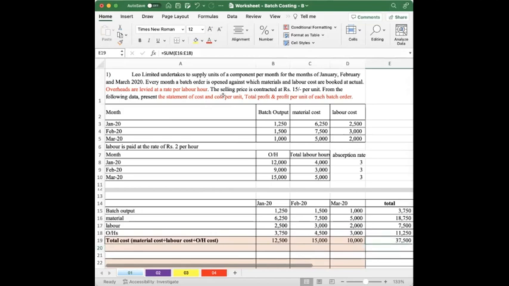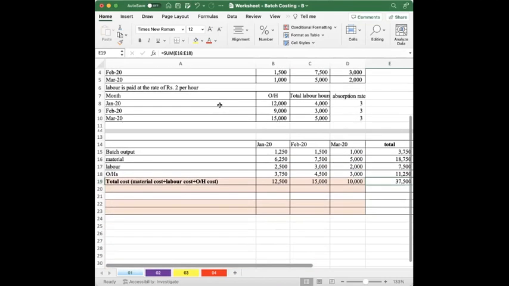Okay, now next second part, cost per unit. So you are supposed to find out the cost per unit, right? So how are you going to find out the cost per unit? You need to take the total cost. Remember that was in the tute, okay? You have to divide the total cost by the number of units that is in the batch. Okay, again, equal mark.